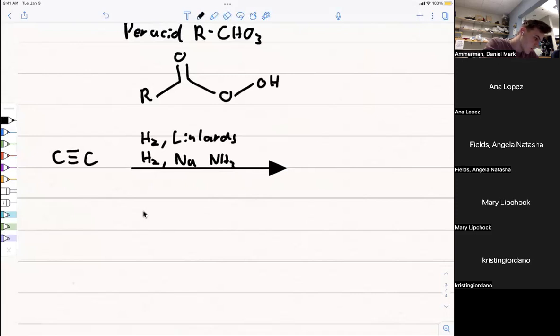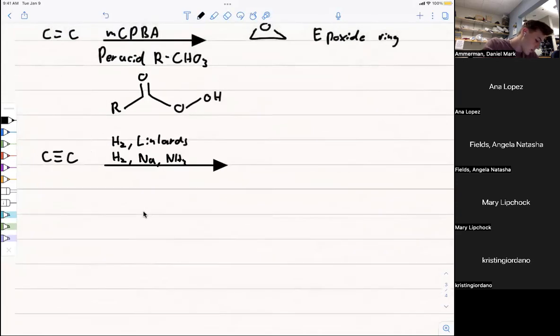Yeah, Na, NH3. Then what you get for Lindlar's is a cis product, or a cis alkene.